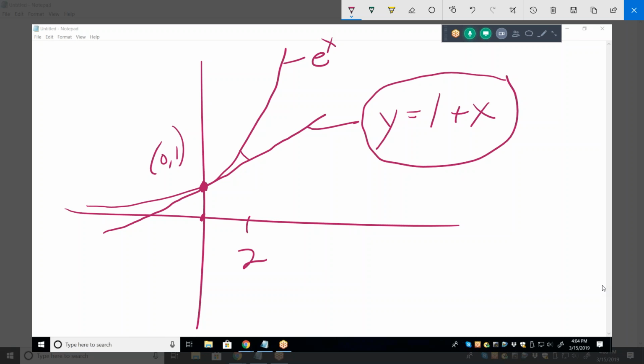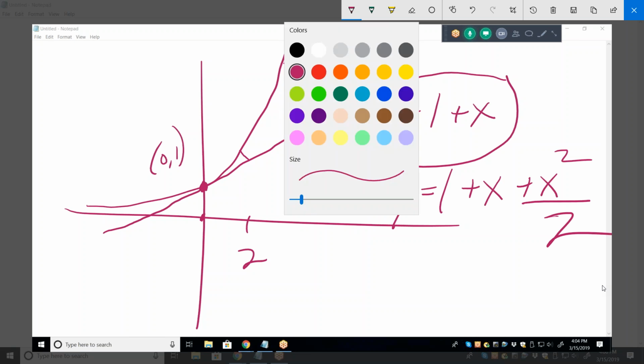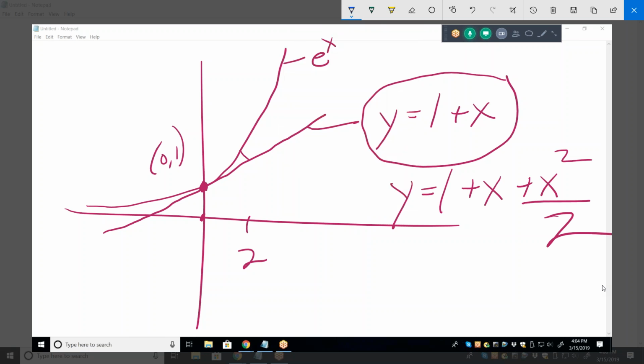Well, if I use the second derivative in approximating e to the x, I get something like this. That curve is not a straight line, it's a curved line, and it looks something like this.